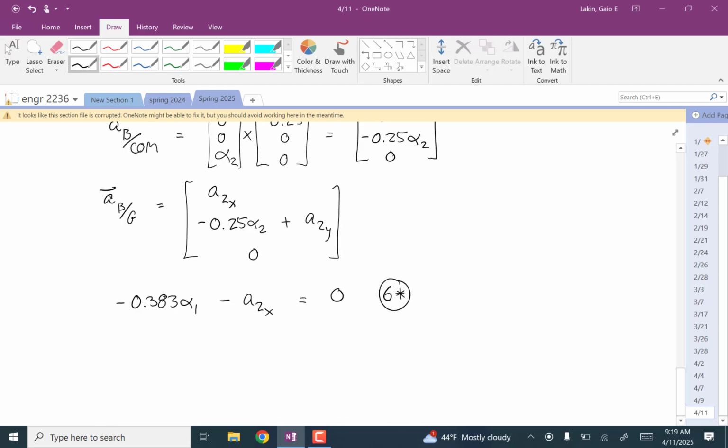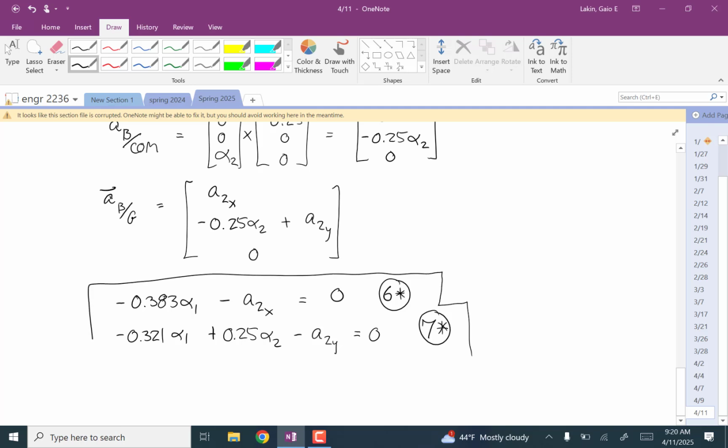And then negative 0.321 plus 0.25 alpha 2 minus A2y is equal to 0, because I'm moving it to the other side. That's my equation 7 star. If you make equation 6 all positive, that doesn't change anything. You can totally do that. I do that a lot of times too. It seems more visually appealing to have all positives than all negatives.